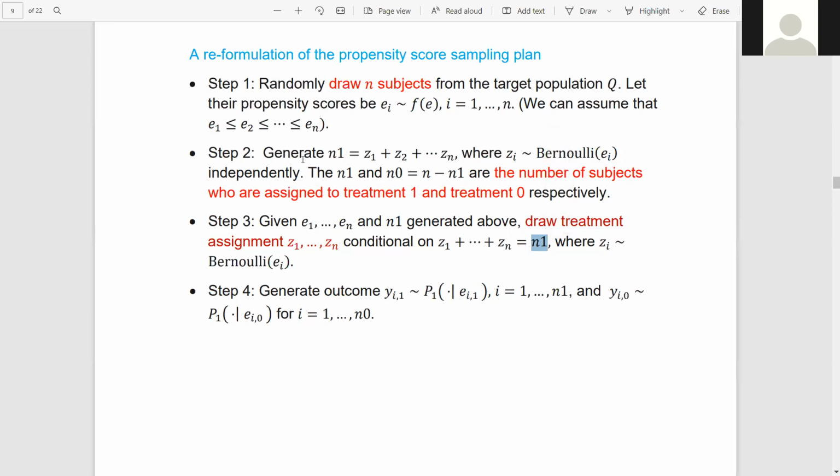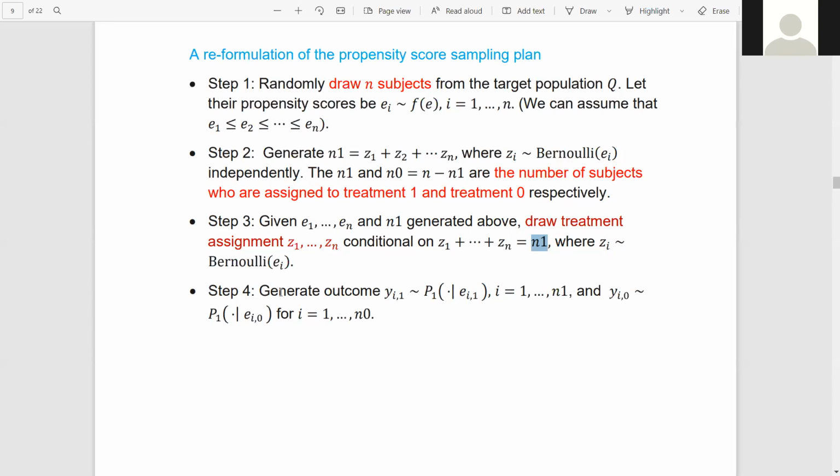Step 2 generates the total number of subjects in group 1. Then step 3 will just decide which n1 subjects will be in group 1, and then which n0 subjects will be in group 0. So this is step 3.